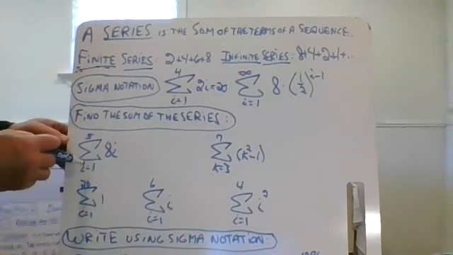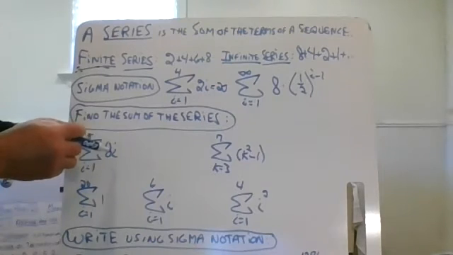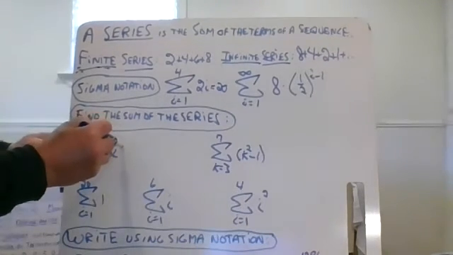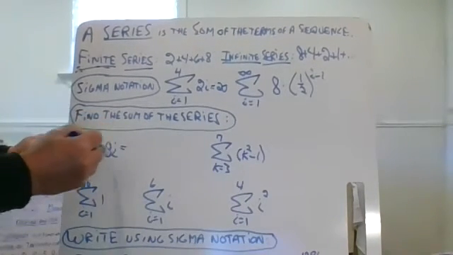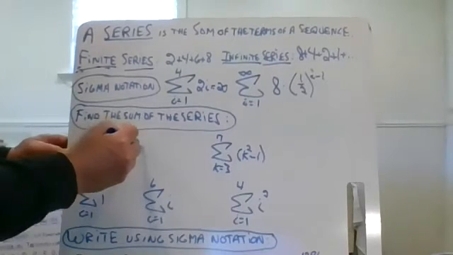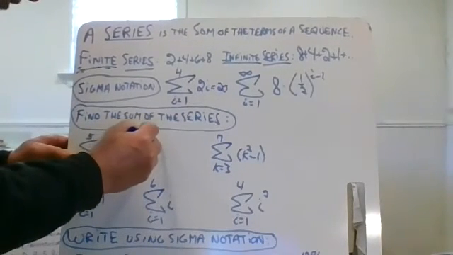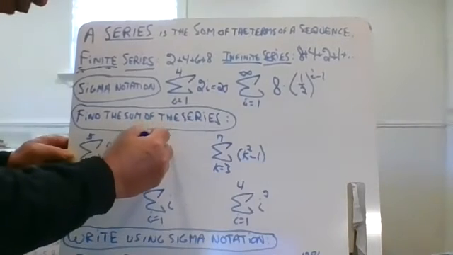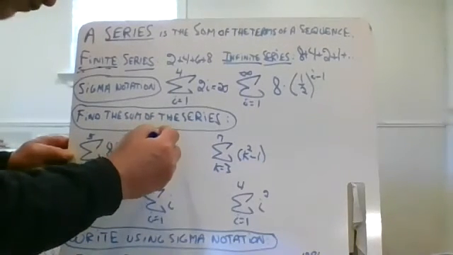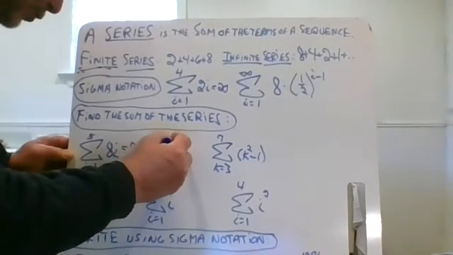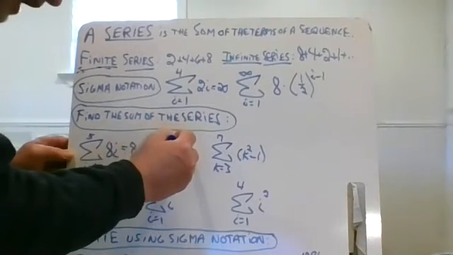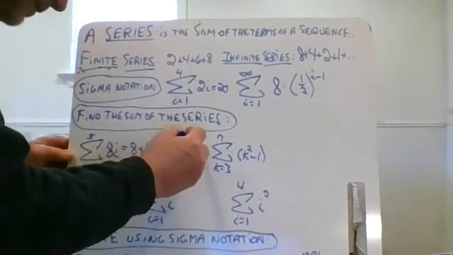What is sigma i equals 1 to 5 of 8i? Well, what is that going to be? When i is 1, that's an 8. When i is 2, it's a 16. When i is 3, it's a 24. When i is 4, it's a 32. And when i is 5, it's a 40.